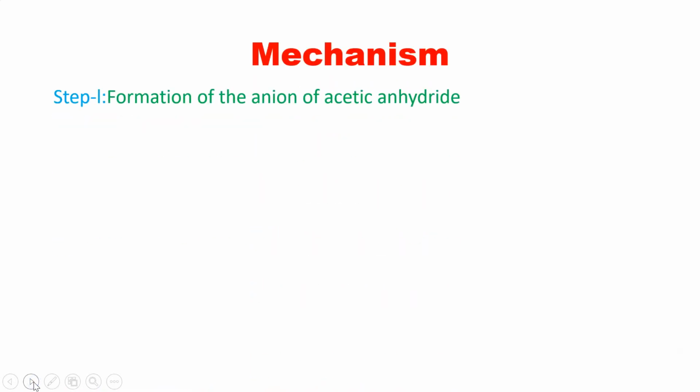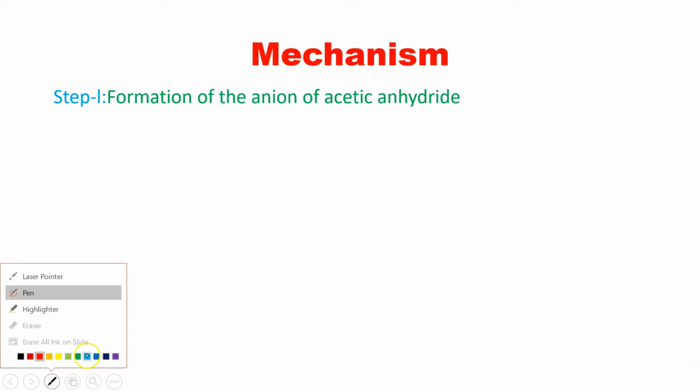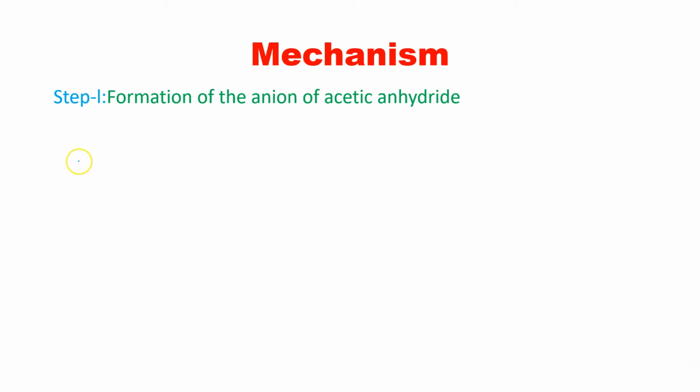In mechanism, first step is formation of anion of acetic anhydride. So let us see by the structures. As we are using sodium salt of acetic acid, that is sodium acetate, here we will directly utilize sodium acetate and its anion.